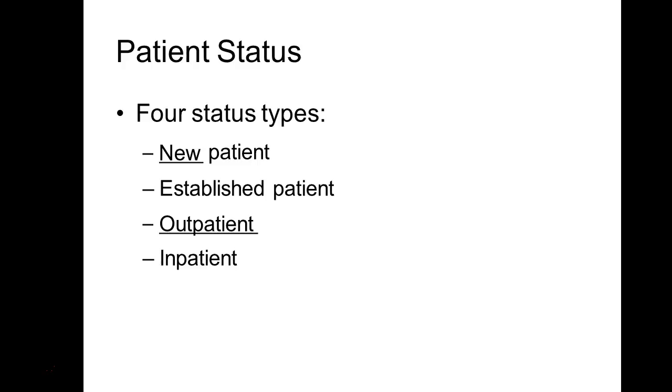Then we have outpatient, which is anything that's happening in an office, in an outpatient site, or an outpatient hospital. The difference between outpatient and inpatient is that there is a formal admission to the hospital and it is in writing.